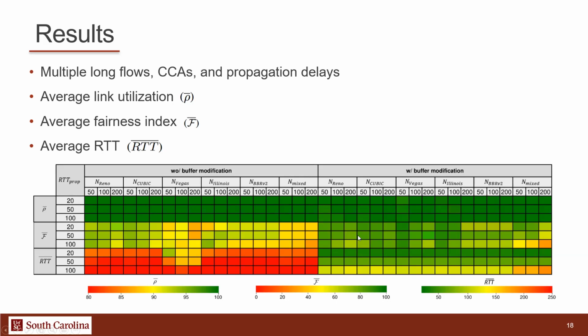The fairness was improved; in most of the cases, we got a better fairness index. And finally, for the round trip time, we got, of course, a lot of improvement. That's because the buffer is much smaller, which means the whole round trip time is much smaller than when you have a large buffer that will queue these packets.